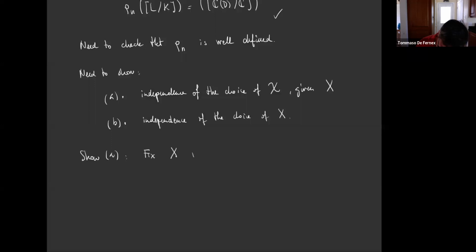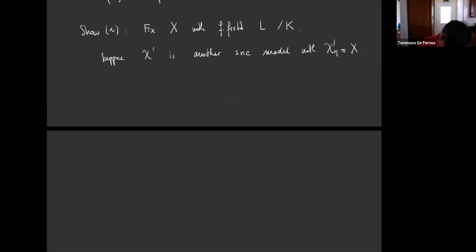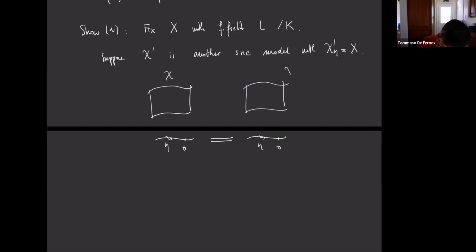We fixed X with function field L over K. Now suppose X prime is another simple normal crossing model with generic fiber isomorphic to X. So I have two models over the same base, X and X prime, but they have the same generic fiber.